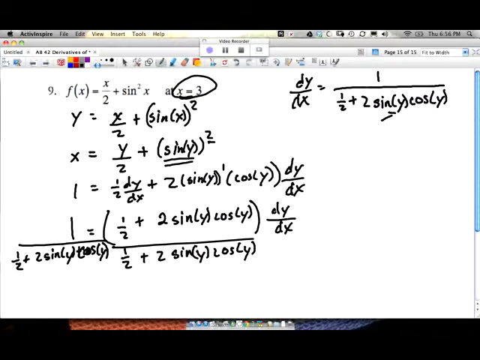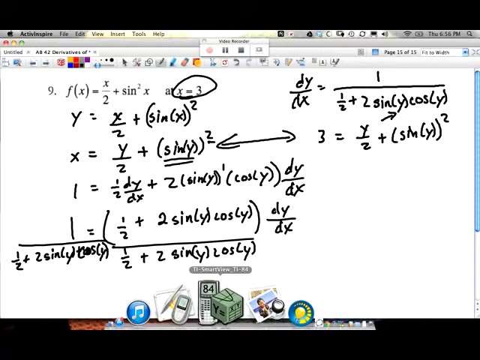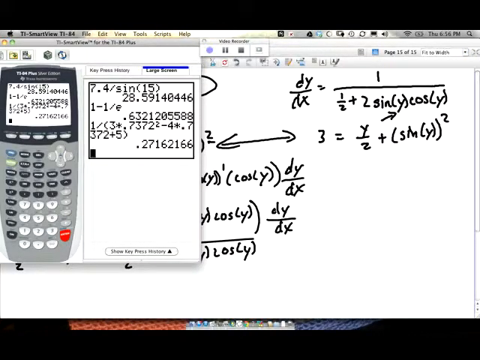Okay, so we know that x equals 3, but the crazy thing is, what is y? Because that's what I have to plug in. So how do I calculate this again? Well, back here, I got to solve it. If I know that 3 equals y over 2 plus sine of y squared, I got to figure out what y equals. So I got to graph those functions and see where they intersect.